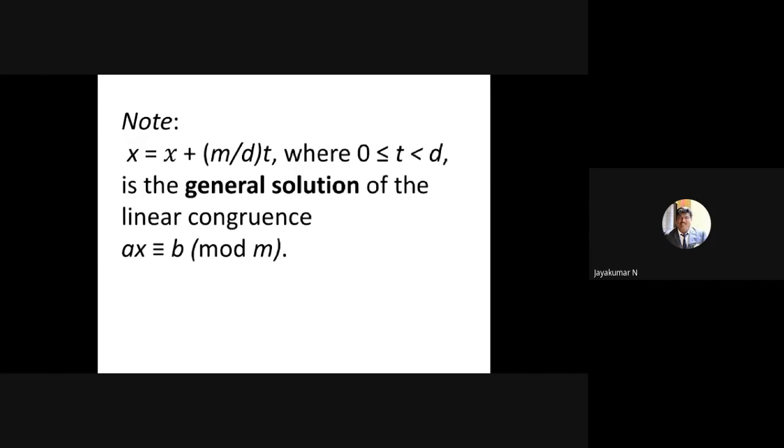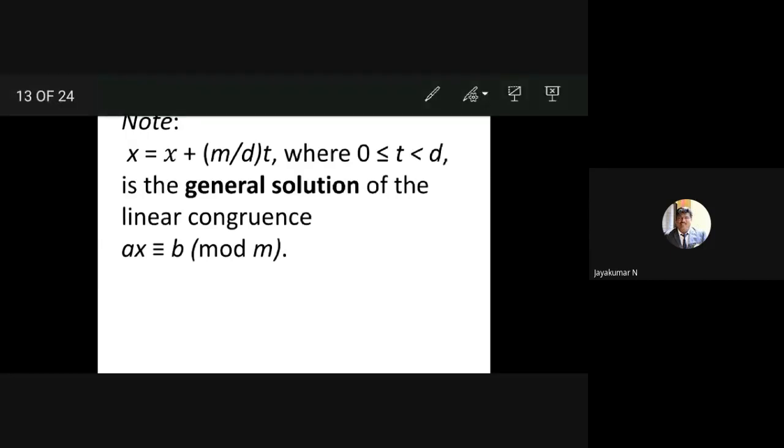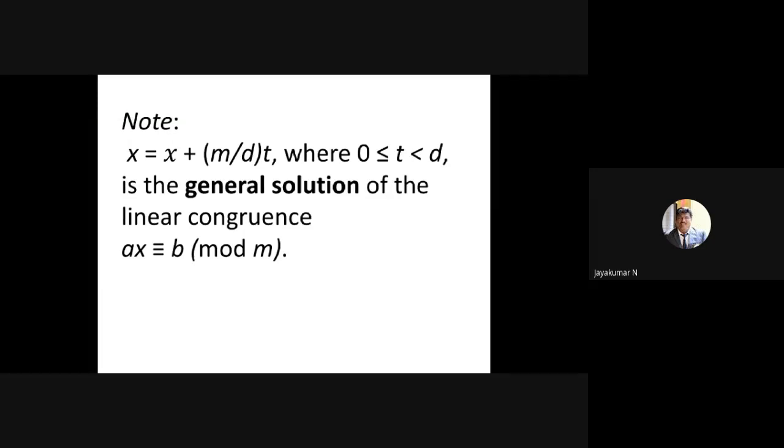The general solution for the linear congruence ax congruent to b mod m is x equal to x naught plus m divided by d into t, where t is the value between 0 and d.